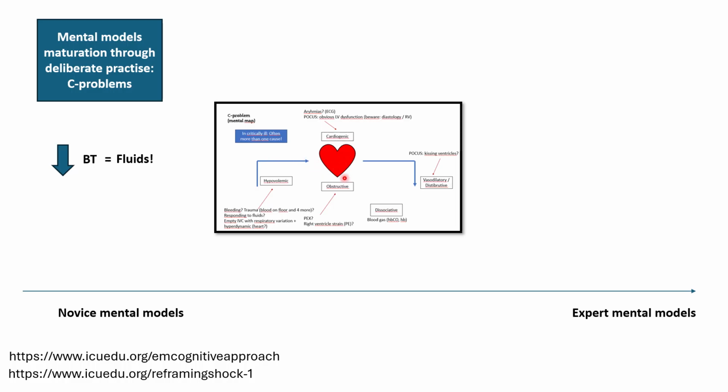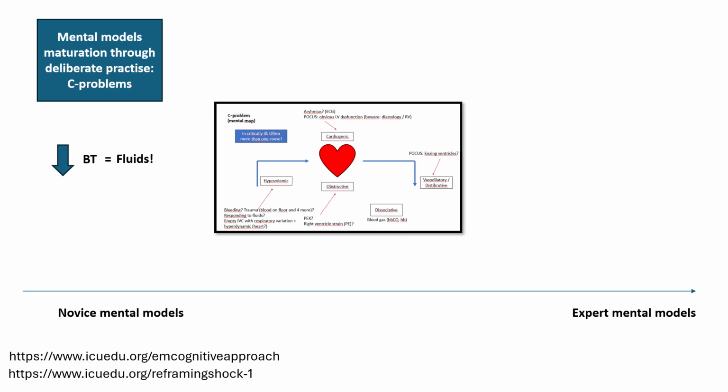Is it cardiogenic? Is it obstructive? Is it vasoplegic, or is it distributive? And you can do this with POCUS in a RUSH exam. And then you could check out high MAP, right? And then you can see which one is most likely, and try to treat accordingly.